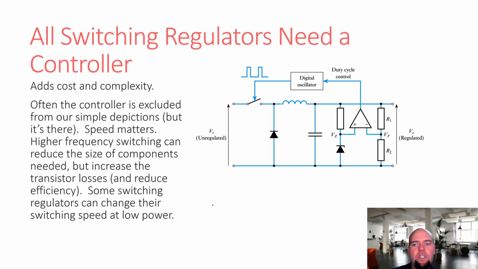If the output voltage starts to get too low, it has to increase the duty cycle to increase the average coming out and boost the voltage up. That logic controller, the switch, and the gate driver for this MOSFET all add cost and complexity. These things look simple when they're just a switch, an inductor, and a capacitor, but they are not necessarily.